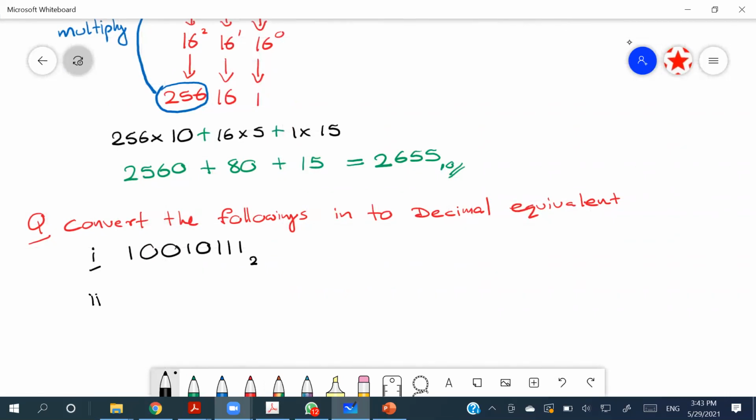And the second one, let's say 564 in octal. Third one, what I'm going to give you, 5BD in hexadecimal.